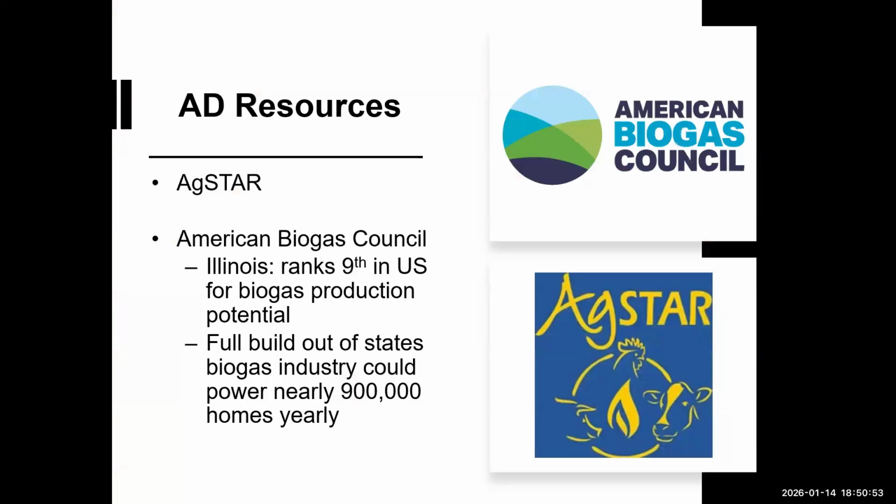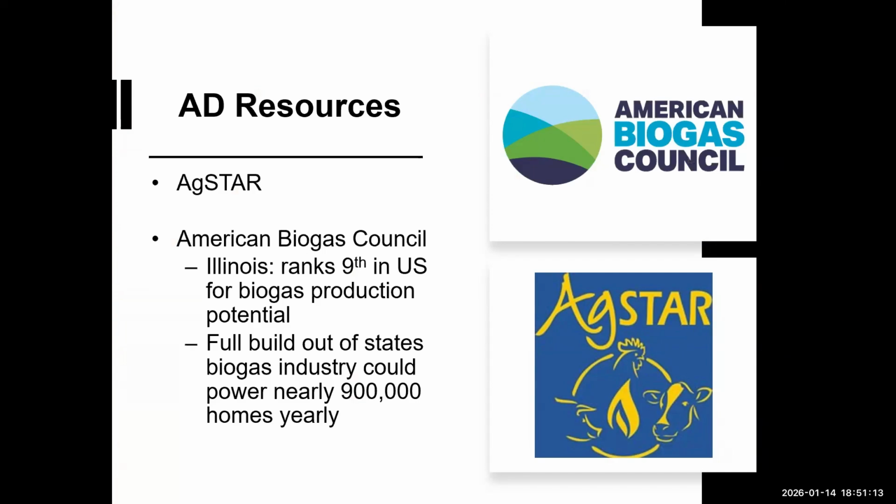So I do want to point out to you that the biogas industry definitely has room for growth. The American Biogas Council reports that Illinois ranks ninth in the United States for its biogas production potential.